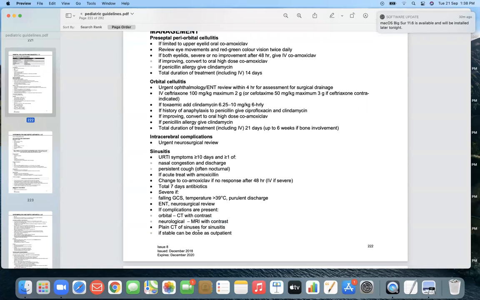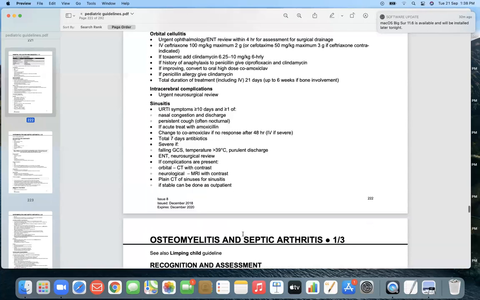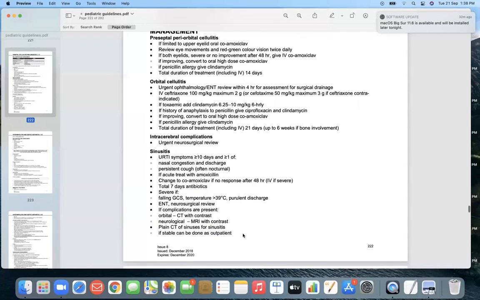Plain CT of sinuses for sinusitis, if stable, can be done as outpatient. Okay. So tell about the complications you expect in orbital cellulitis. One is cavernous sinus thrombosis. What else? There can be abscess, meningitis, encephalitis.